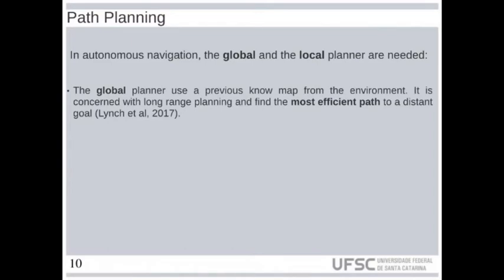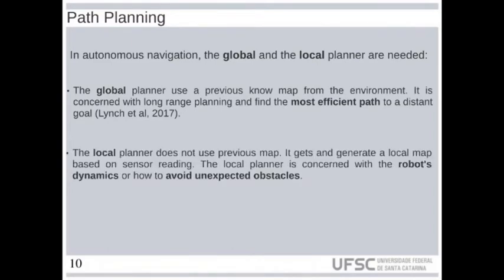The global planners I have commented on already, and the local planners are used to avoid unexpected obstacles. So during your trip in the city, maybe a dog or another car or a pedestrian enters in front of the car, and then the local planner is the planner used to avoid this obstacle, not the global planner, which just says the road that the car must take, the best road.